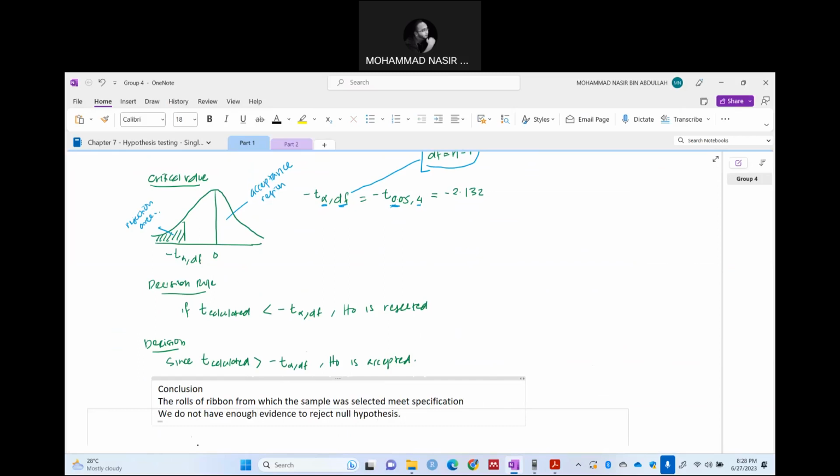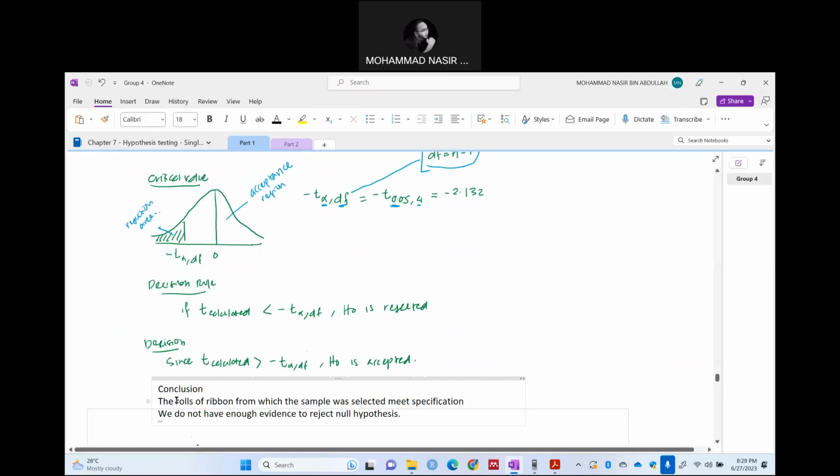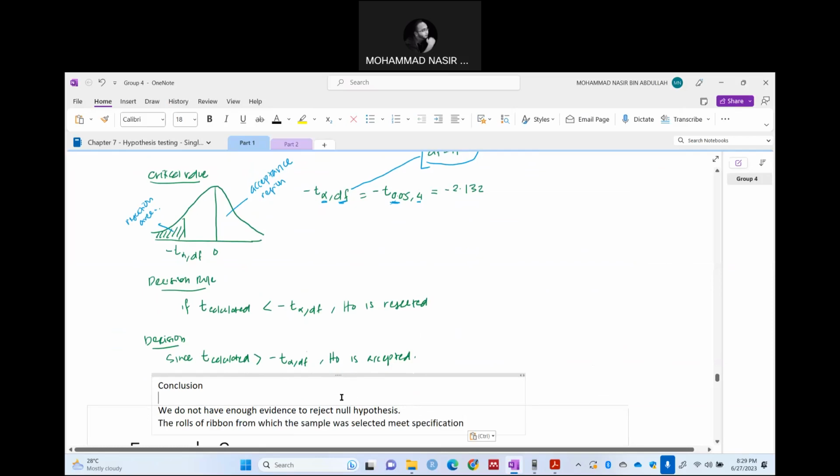So we do not have enough evidence to reject the null hypothesis. Thus, the roll of ribbon from which the sample was selected meets the specification. Right. Okay? Any questions so far?